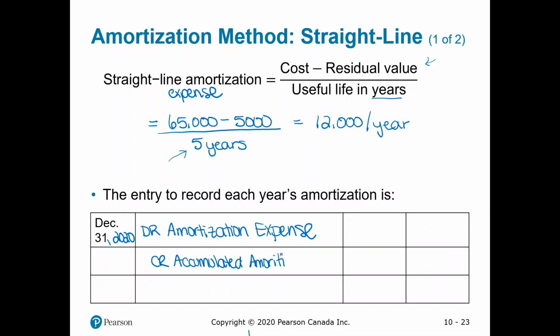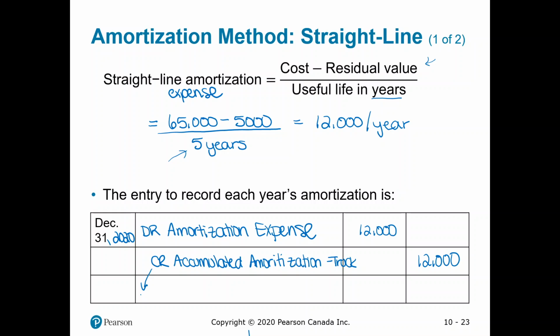So we're not actually adjusting the value of the truck. We leave the truck account at that full amount. We keep it at its cost. We use the contra account for this accumulated amortization and we record it there.